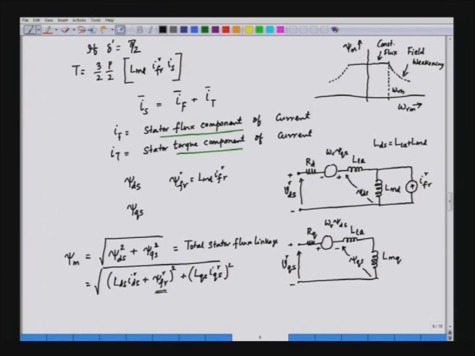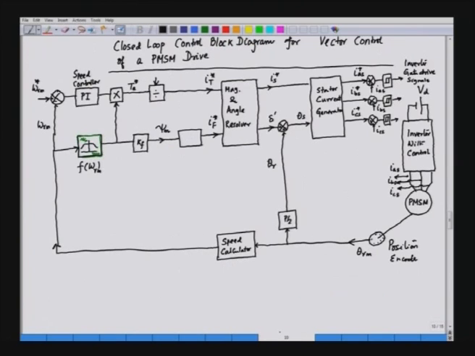And this function is 1 per unit, and then this decreases. So, the functional block that we have mentioned here, this particular block f of omega r m, we can say that f of omega r m is equal to 1 for speed omega r m, magnitude of this, less than omega r m base.